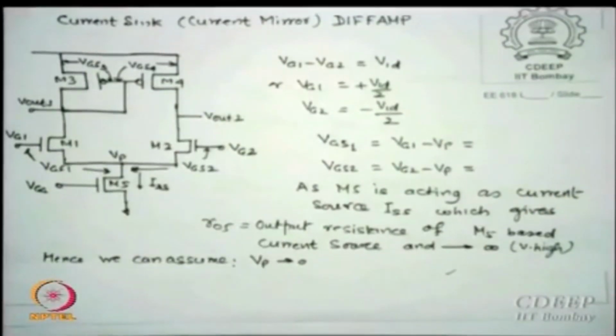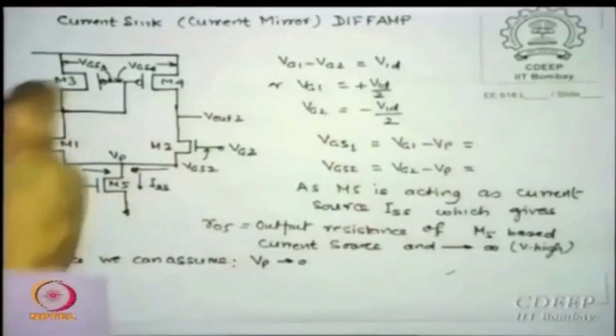As I said, since GM4 is not diode connected, the ROs will dominate. GM4 is almost infinite kind of thing, so it will not matter. See, I have kept it there because in case tomorrow you do something else there, that term may be there and automatically it will get cancelled if it is larger or smaller correspondingly. In general I kept it, but as such it will not be there because it is not a diode.